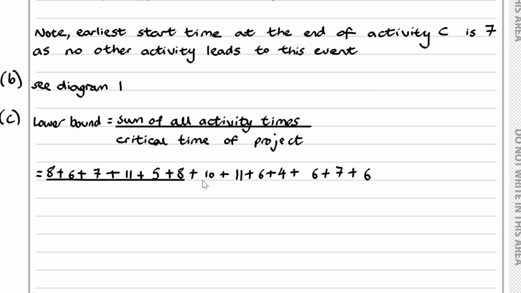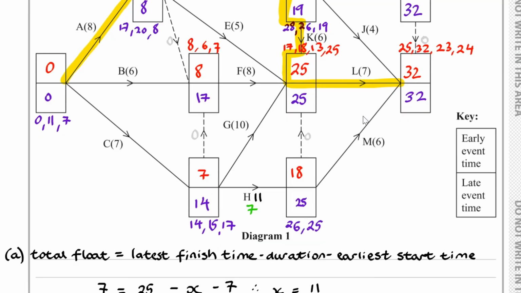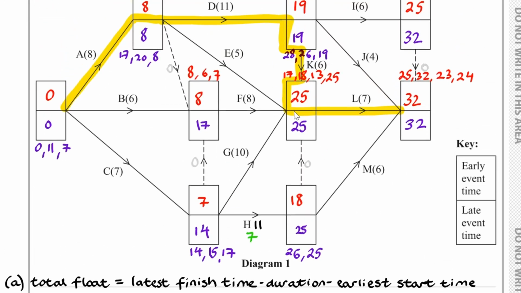Well, for that, we would have to find the critical path before we do that. So if you look back over here, the critical path, well, we go from A to D, and then from D we go to J. Sorry, no we don't. From D we then go down to this K, and then we go to L. Okay, so the critical time of the project, that would be this 32 over here.